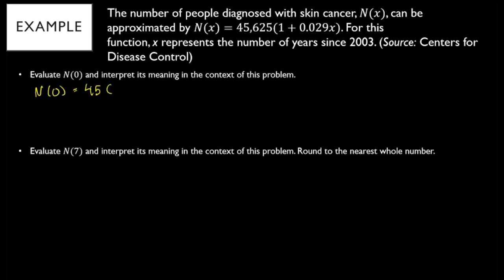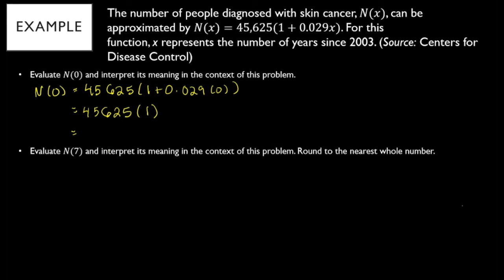So I have 45,625 times 1 plus 0.029 times 0. So sometimes instead of moving to the right, you may want to go below like we usually do. And when you do that, we don't put anything to the left, just to remind yourself that this is not something we're solving. So 0.029 times 0 is just 0, so this ends up being times 1.